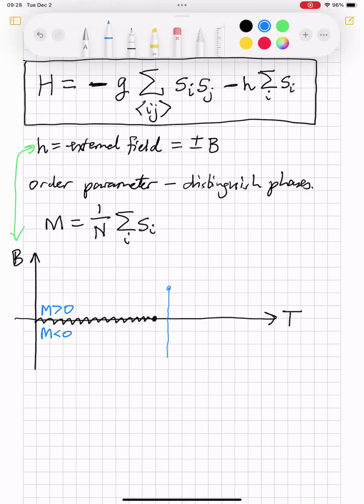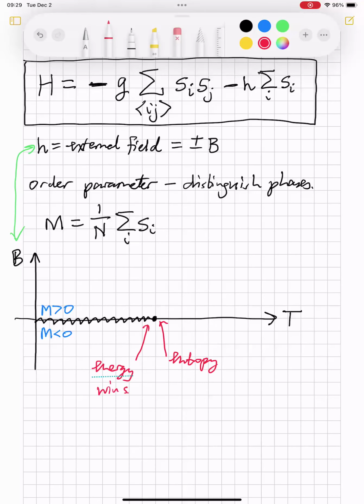So in the presence of no external field, we've got so many spins, we've got the high entropy state, so roughly half the spins point up, half the spins point down, and there's no net magnetization. So this point over here is a fascinating point, because just to the right of this point, entropy wins the competition, and just to the left of that point, energy wins the competition.